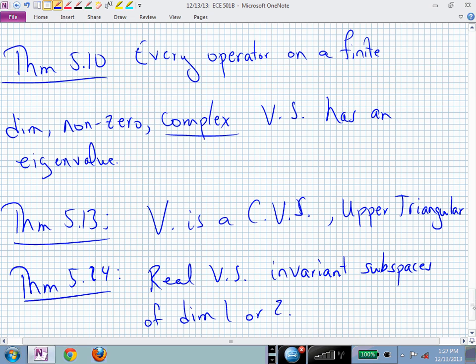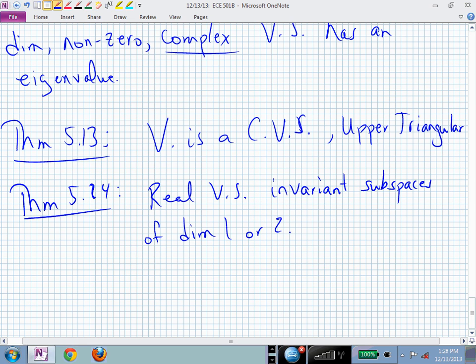And that's chapter 5, invariant subspaces, and what we get when we look at complex or real. And typically we get more for our money on complex vector spaces than real. Real usually introduces more restrictions.